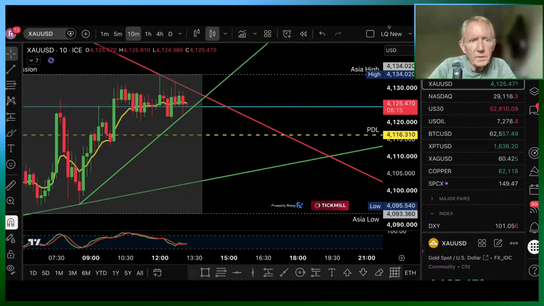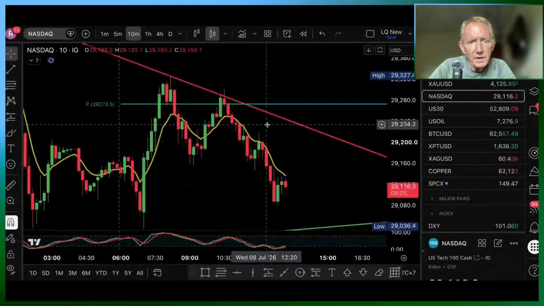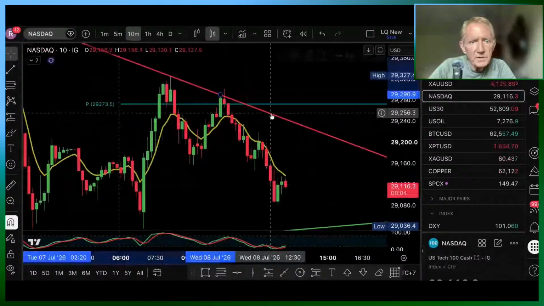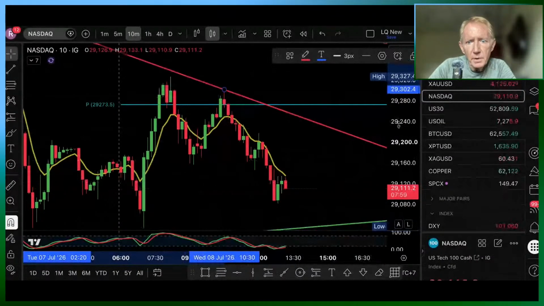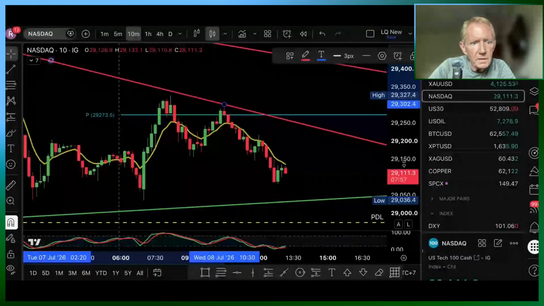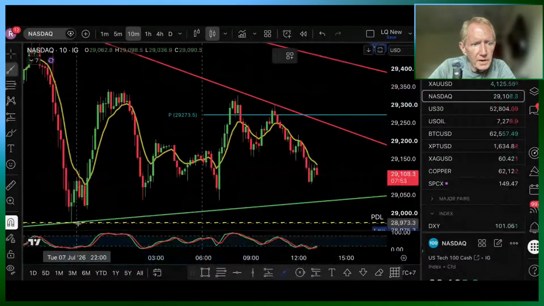Oh, I know what I wanted to mention before I go. Nasdaq. I've been looking at Nasdaq, Raj, and I've got my trend lines all set up on Nasdaq. I've been watching this the last couple of weeks, and I need to come in a little bit steeper with that trend line there.